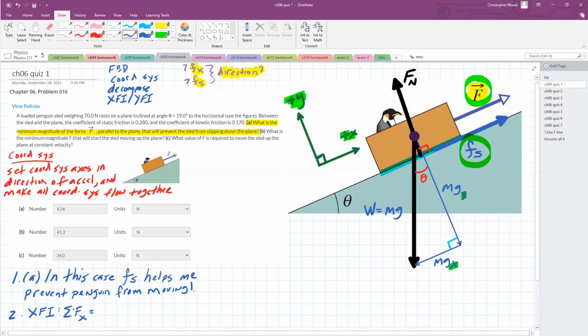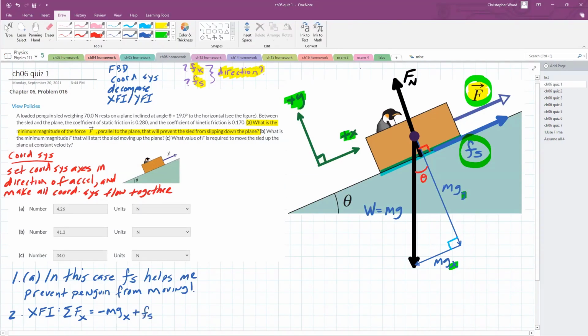You might say there's 2 bodies, but there's only one body that's in scope for us, and that's the penguin in a box. So I have negative MGX, because MGX, as you can see from my visual, is trying to pull the penguin down the ramp. Yes. Anything else? Yes, there is something else. Plus FS.